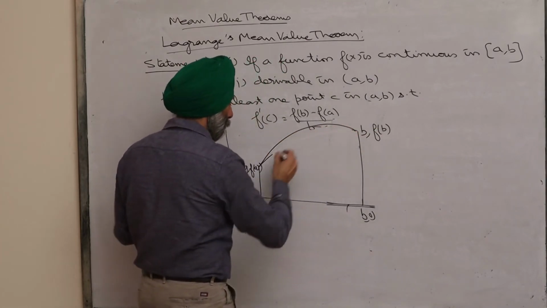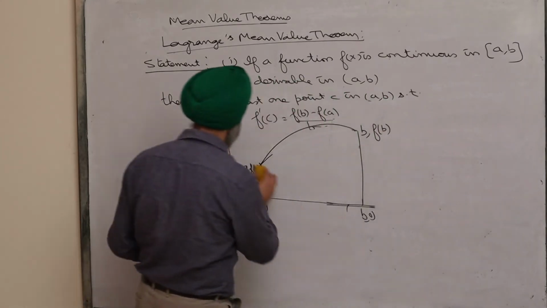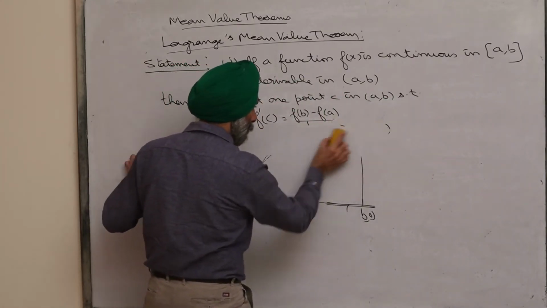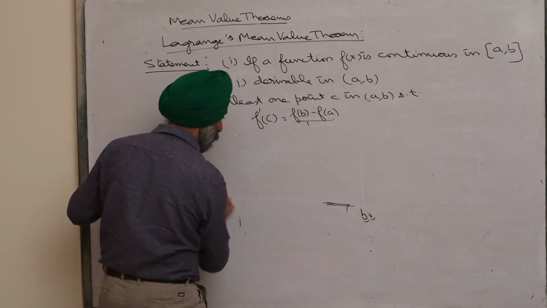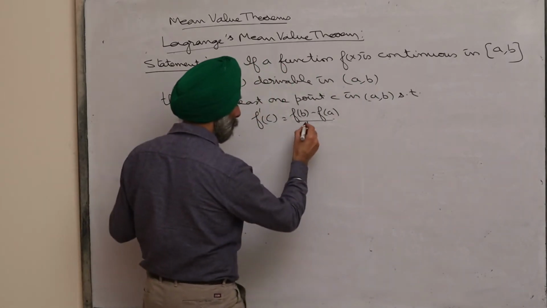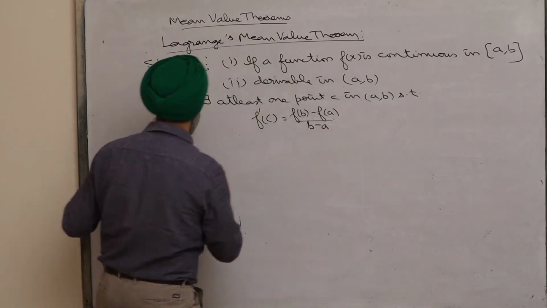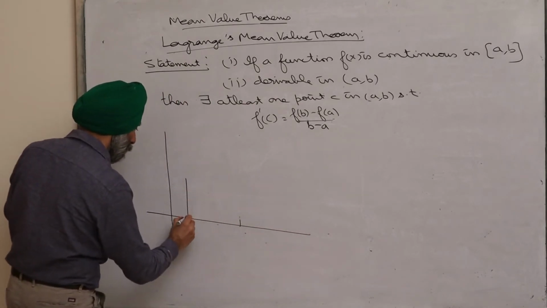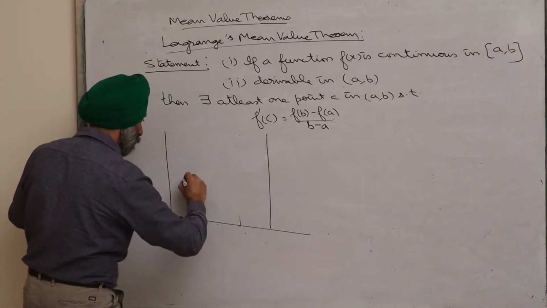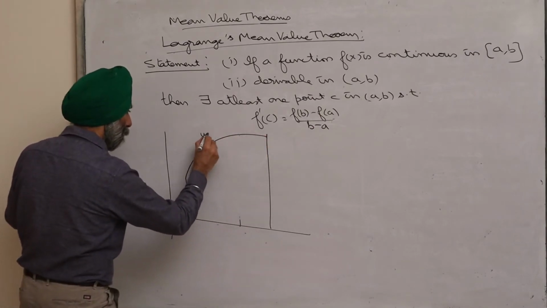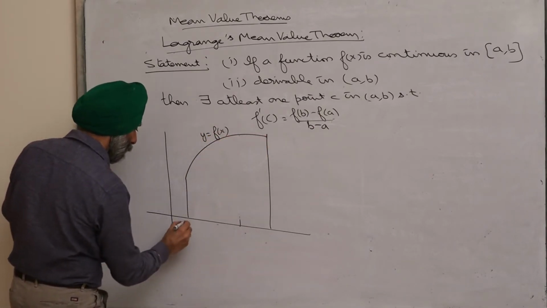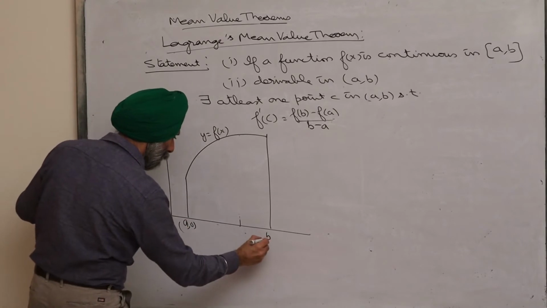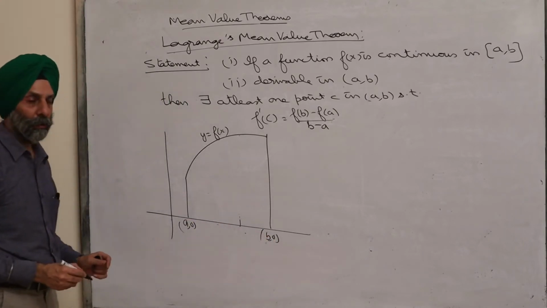So once again, I'm sorry, let me draw the graph again just to explain to you. So this is your function y is equal to f(x) in the interval a to b.